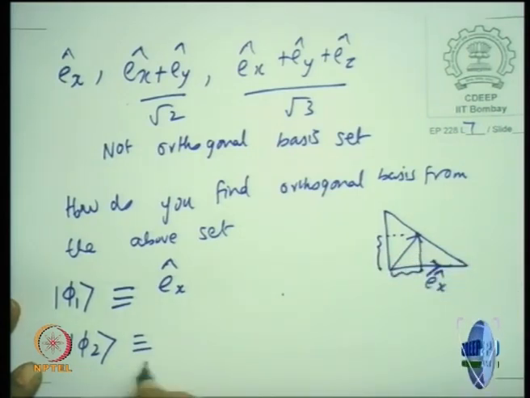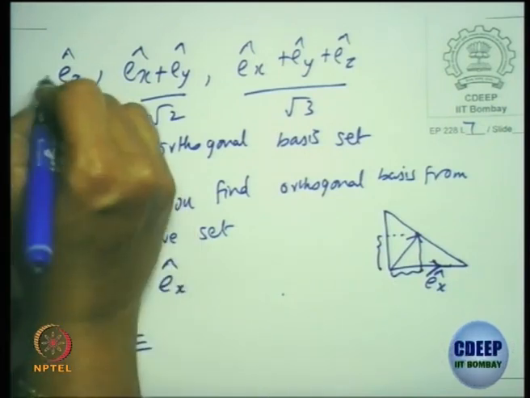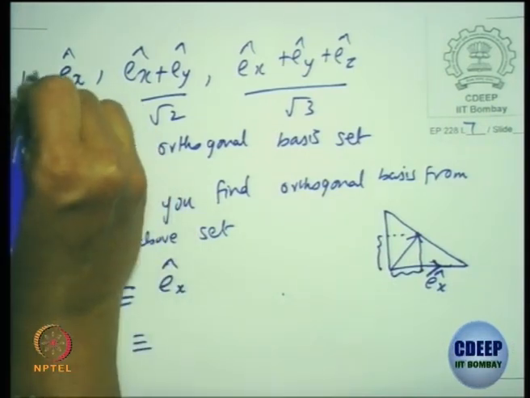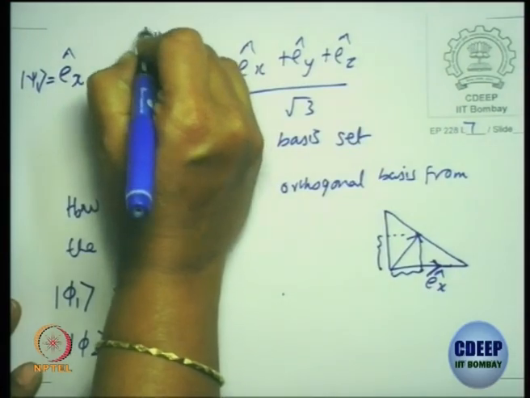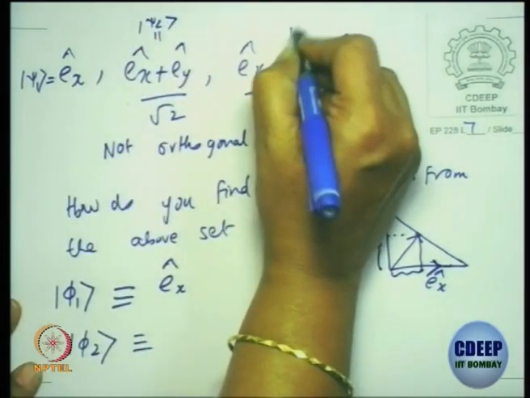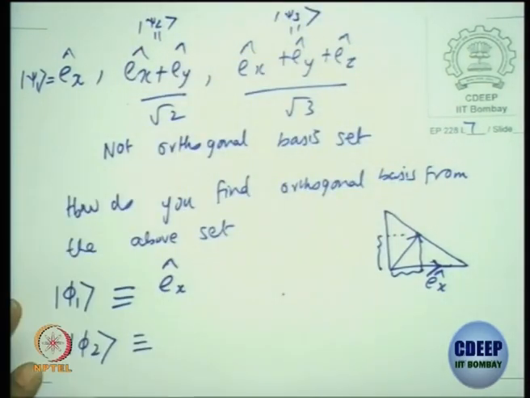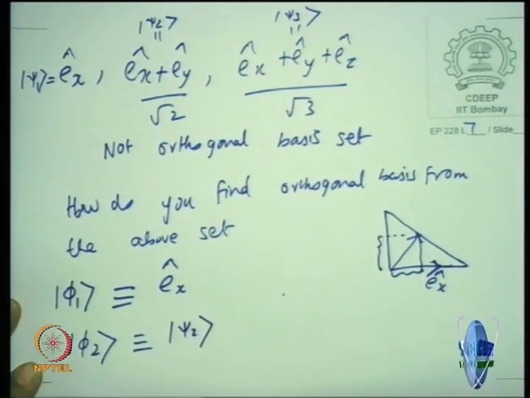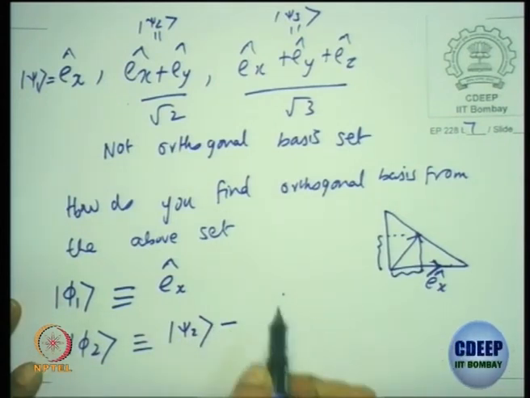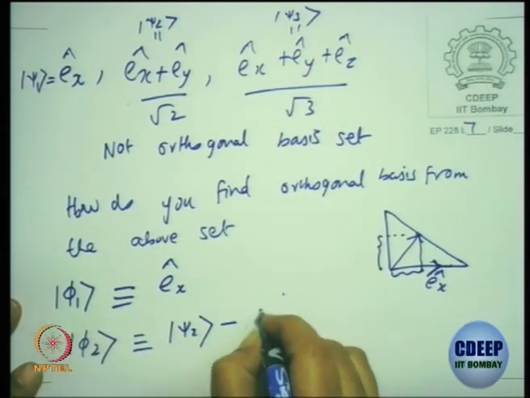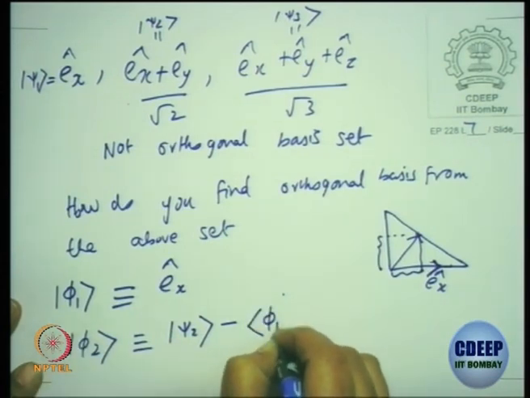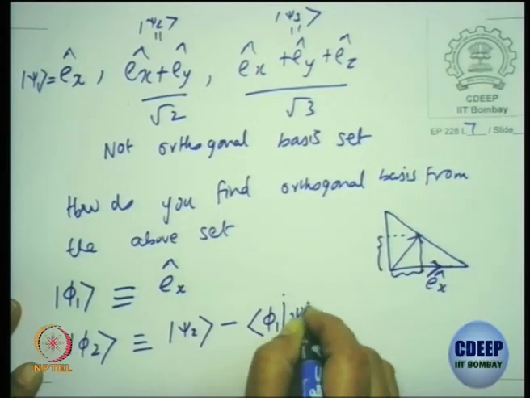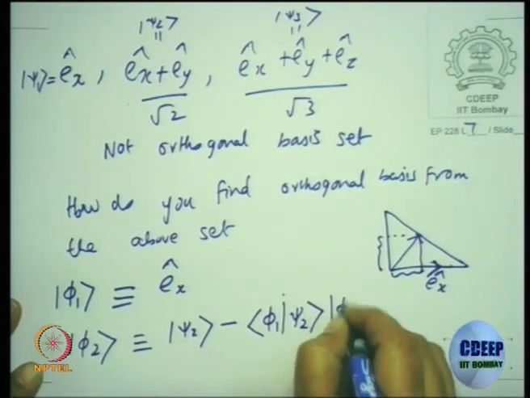So let's write this in this notation. Suppose I call this psi 1, this psi 2, this psi 3. Phi 2 will be psi 2 minus the projection, so you will do with phi 1 as psi 2 and take it along phi 1.